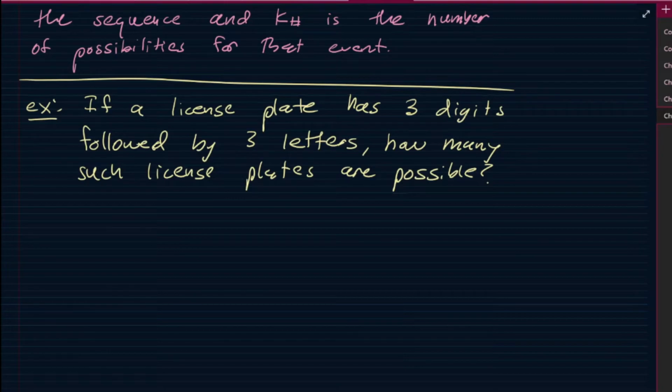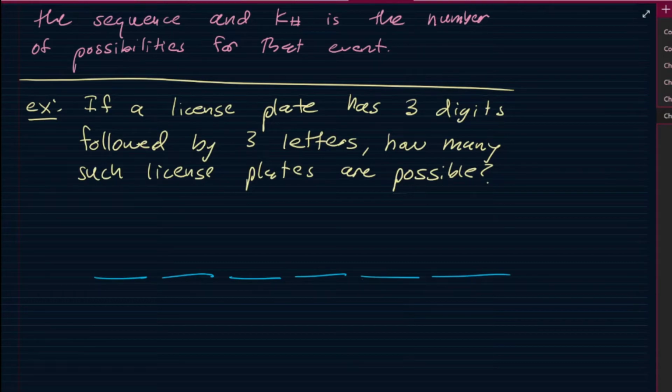So in this case, a license plate is 3 digits and 3 letters, so that's 6 slots. With the fundamental counting principle, you write out a slot for each event, in this case each digit or letter, and then you write the number of possible outcomes for each event and multiply them all together.